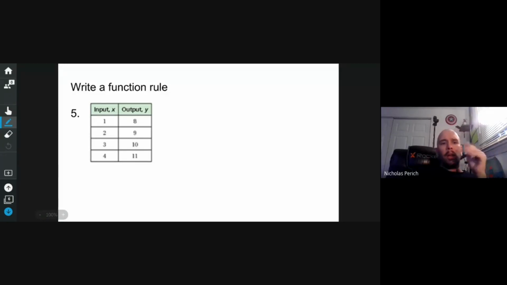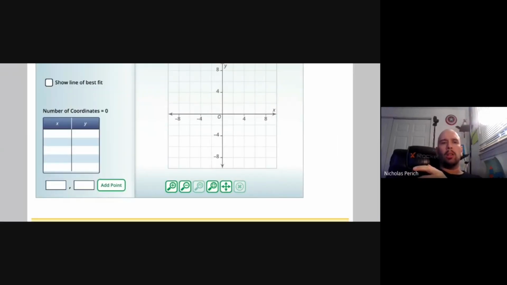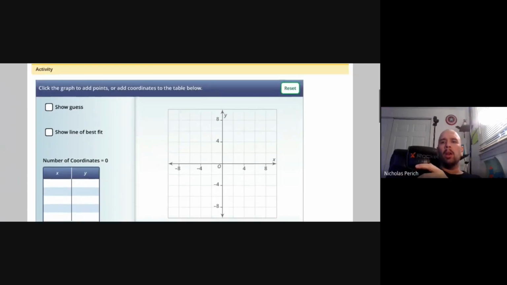Let's go to our website. Remember your points: 1, 8, 2, 9, 3, 10, 4, 11. So let's go up and reset it. Sorry, forgot that I was supposed to be sharing this. What I did, for those of you who didn't see it, is I went up here and clicked the reset button.